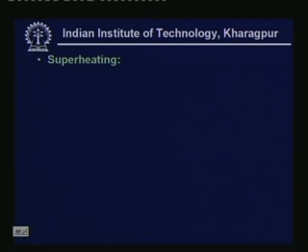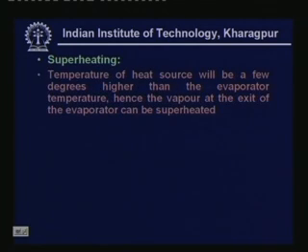Now, let us look at the other modification, that is called superheating. What is superheating? The temperature of the heat source will be a few degrees higher than the evaporator temperature. Hence, the vapor at the exit of the evaporator can be superheated. This is again similar to your condenser problem.